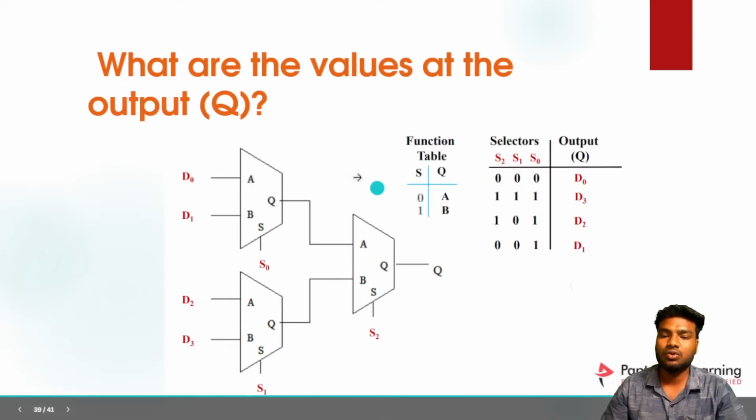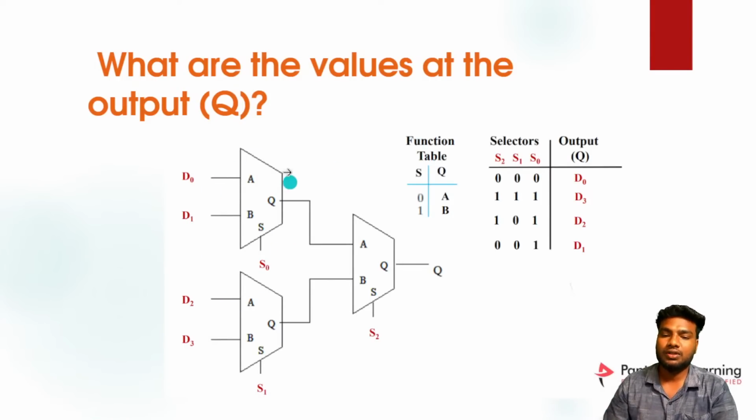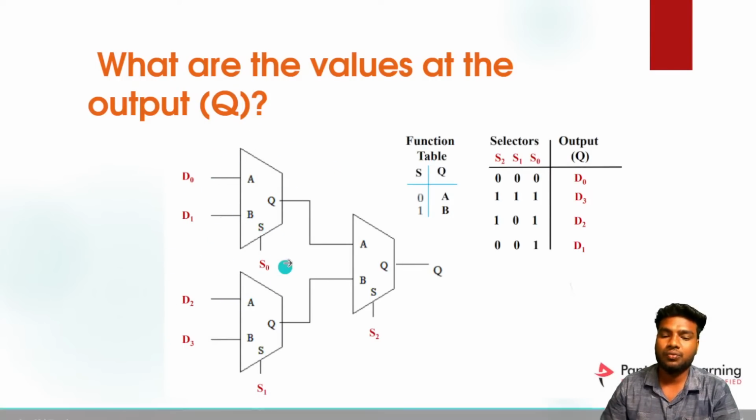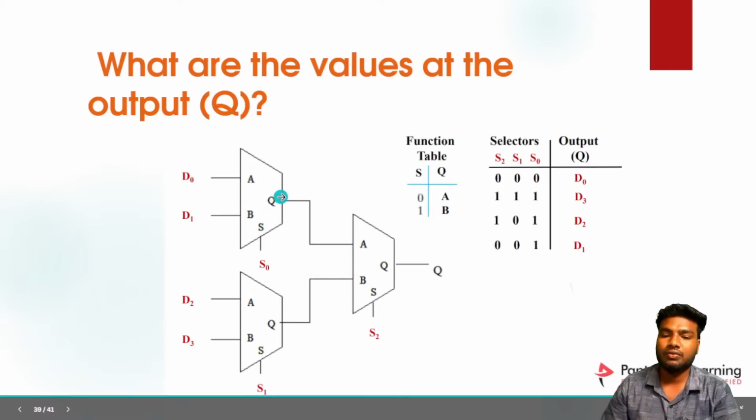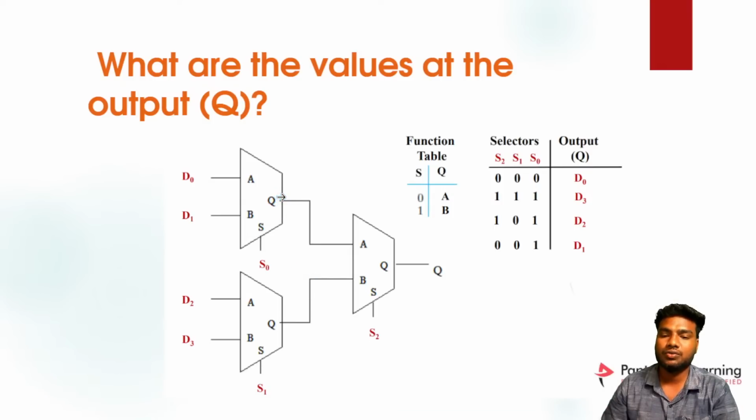I'm just using 2x1 muxes to make the 4x1 mux. It has 4 inputs, 1 output, and it is based on 2x1. Here you can see I'm using 3 selection lines. So you can see 0 0 0 1 means it will choose the D0 input, so this line.